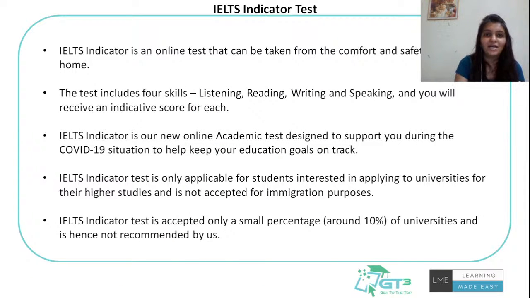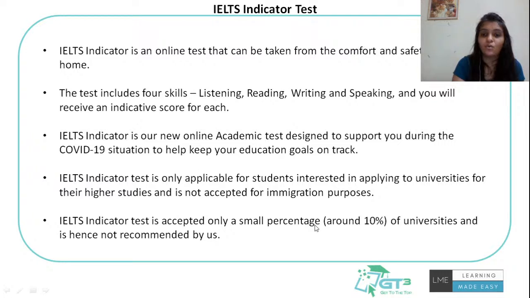Now, the IELTS indicator. This is for academic students. It was invented in this COVID-19 situation. You can take this test at home in comfort and safety. The modules are one and the same, and bands are allocated for each module. However, I don't prefer this test because major universities do not accept the IELTS indicator as test results.